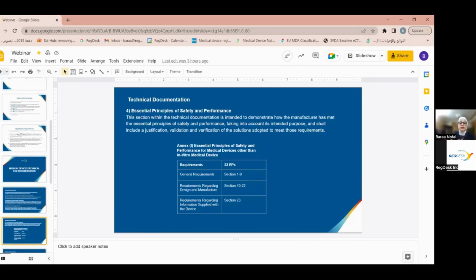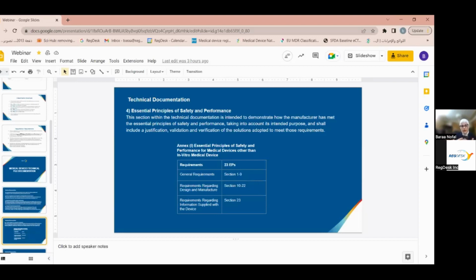The essential principles of safety and performance are divided into 3 sections, and these sections include general requirements regarding design and manufacturing, and requirements regarding information supplied with the device. When you read this information, you may say it's the same, for example, as the points I said earlier.